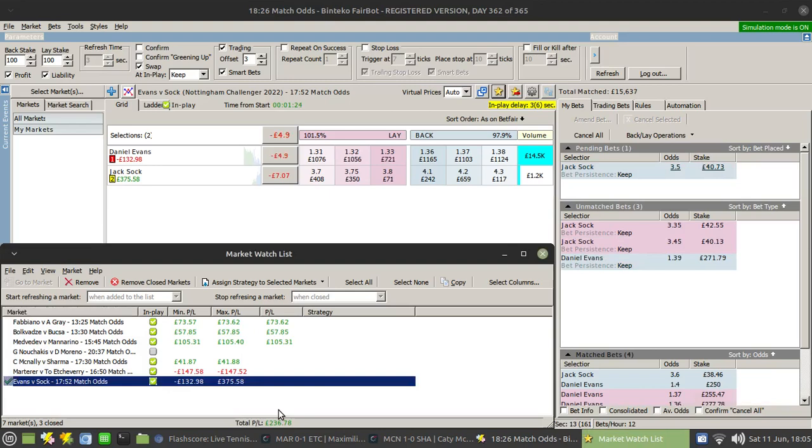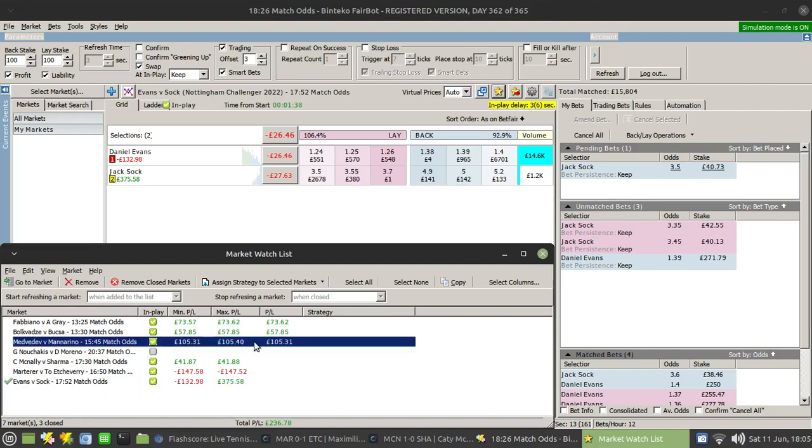I literally randomly selected them late this afternoon as I was trying to find matches to try this on. All of them, apart from the Medvedev match, had a favourite who was hovering around the 1.5, 1.6-ish mark. The Medvedev one started off at a very low price, 1.1, 1.12, thereabouts.